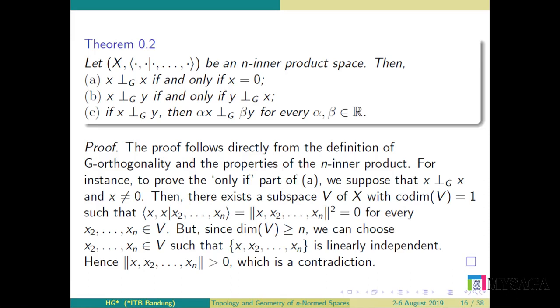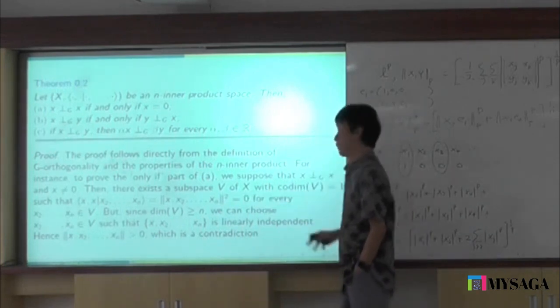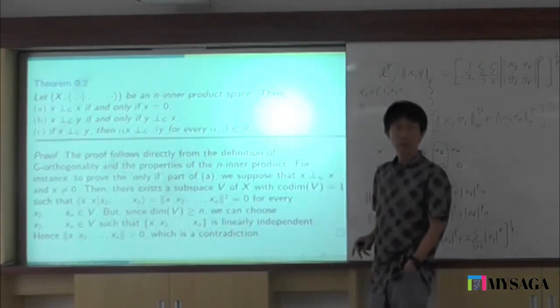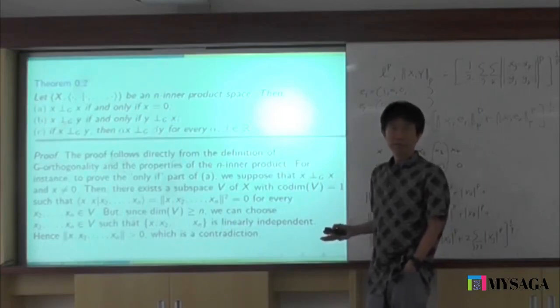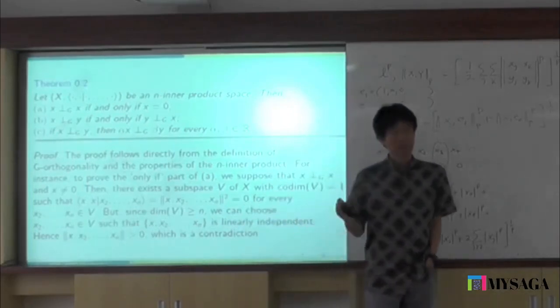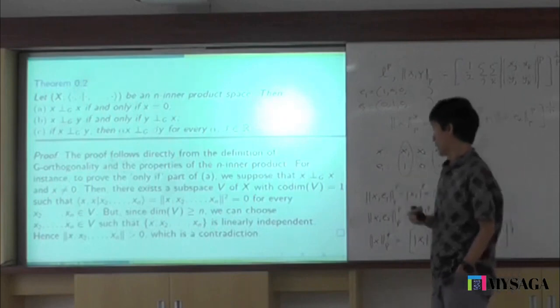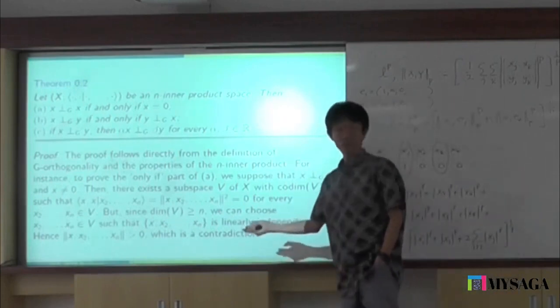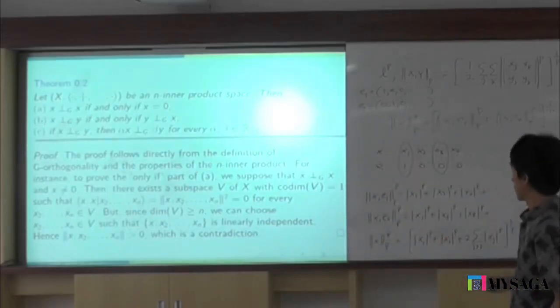So on one hand, this is 0 for every choice of x2 up to xn, but on the other hand, we can choose x2 up to xn which makes this positive, so it's a contradiction. Okay?